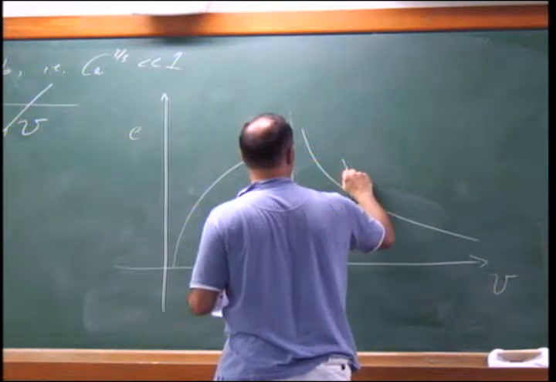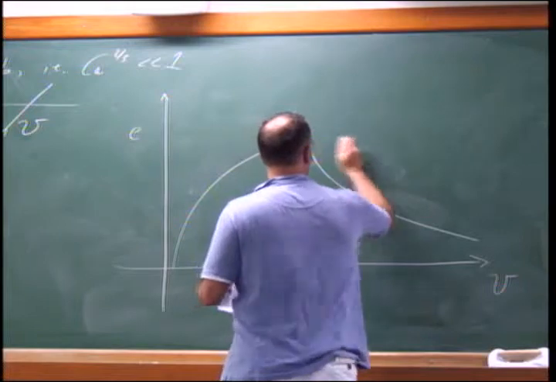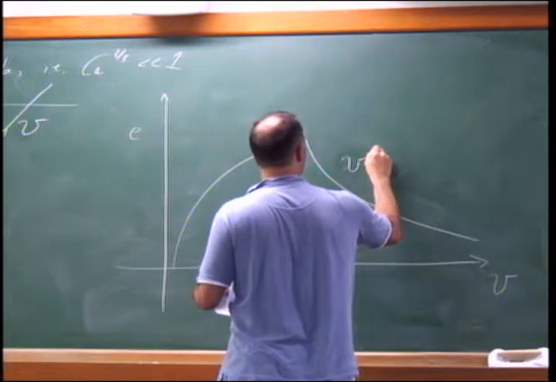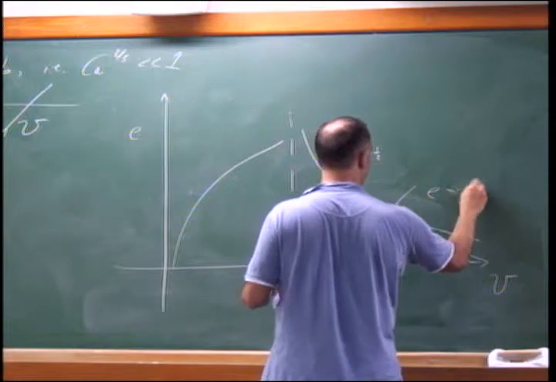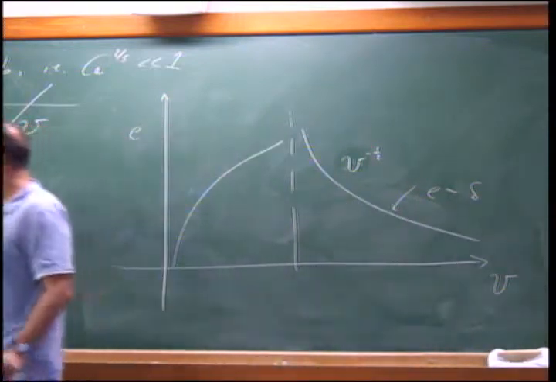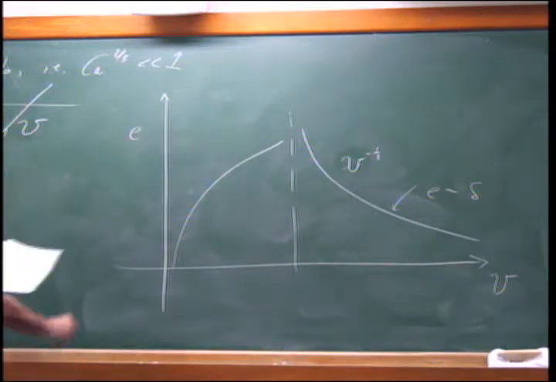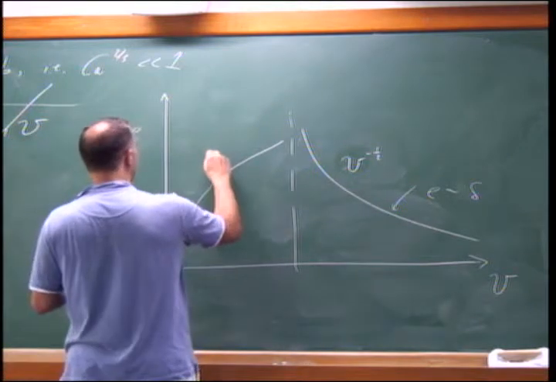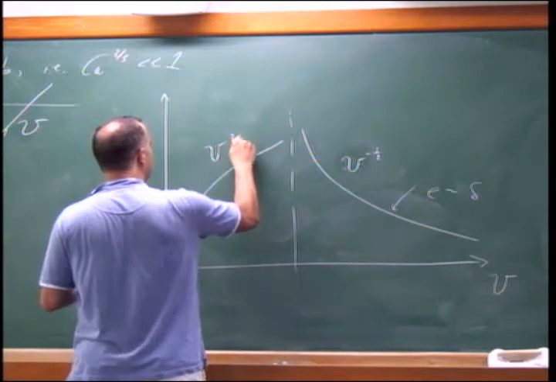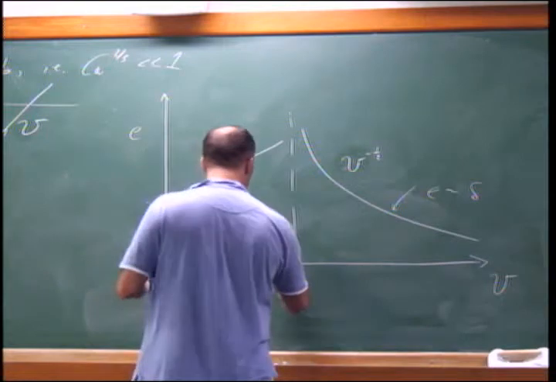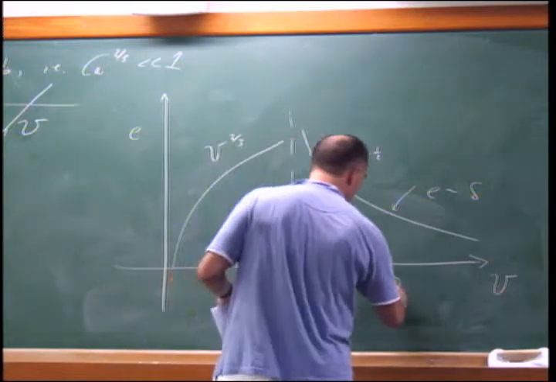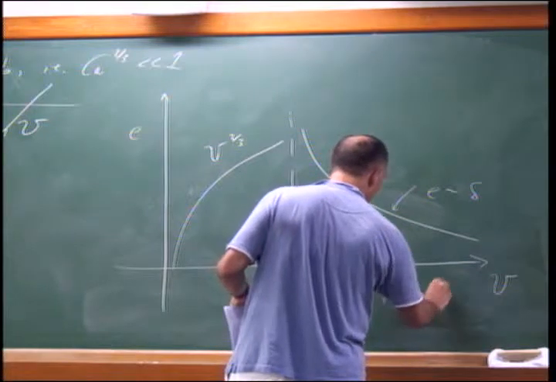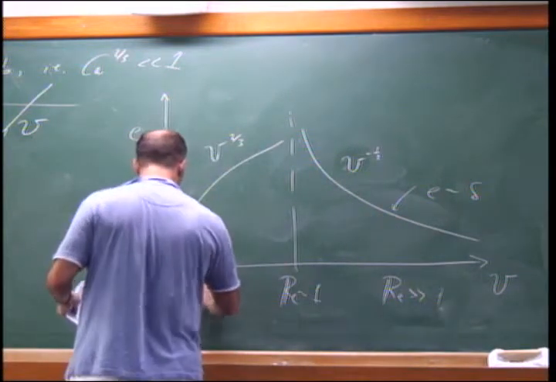So it scales as U to the minus 1/2 in the high speed region. So here E looks like this, and here you have E increasing as U to the 2/3, and you have this turnaround around Reynolds number 1. So this is high Reynolds number, and this is low Reynolds number.